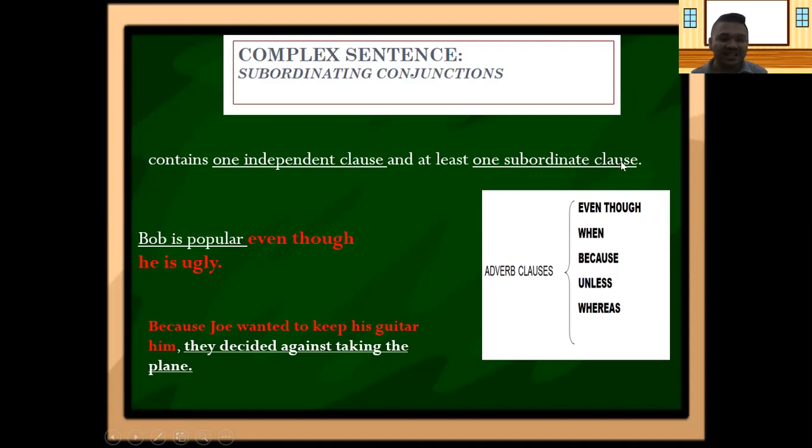The one in red is the subordinate clause, and "they decided against taking the plane" is the independent clause. So one independent plus one subordinate is equal to a complex sentence.